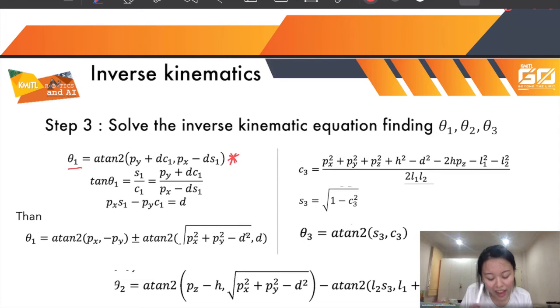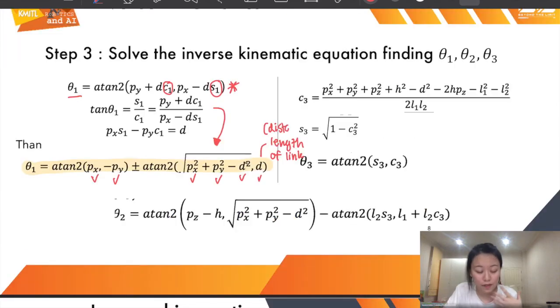But actually, we don't know cos theta 1 and sine theta 1, so we have to change it by the geometry identity to make this equation to find theta 1, because we already know Px, Py, and d.